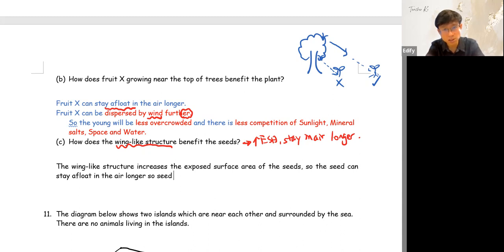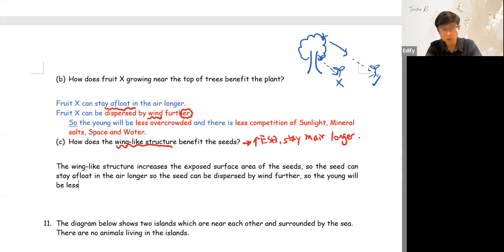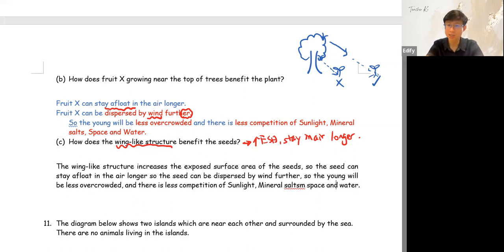So the seed can be dispersed by wind further, and therefore the young will be less overcrowded, and there is less competition for sunlight, mineral salts, space, and water. This is definitely an advantage, and they'll grow healthier.